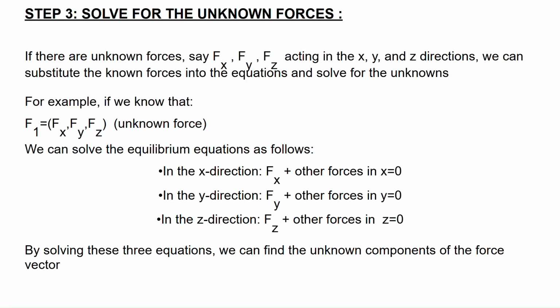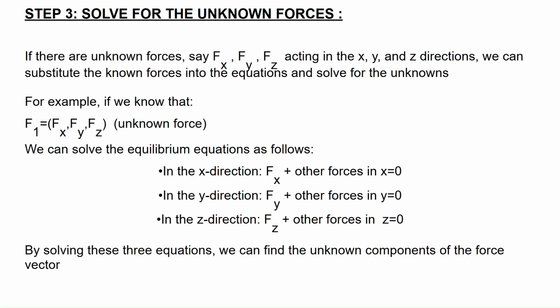Step 3. Solve for the unknown forces. If there are unknown forces, say Fx, Fy, Fz acting in the x, y, and z directions, we can substitute the known forces into the equations and solve for the unknowns. For example, if we know that F1 is the unknown force Fx, Fy, Fz, we can solve the equilibrium equations as follows.